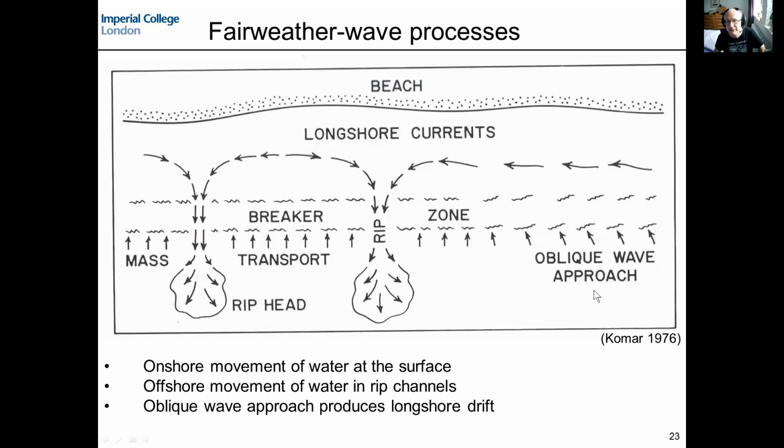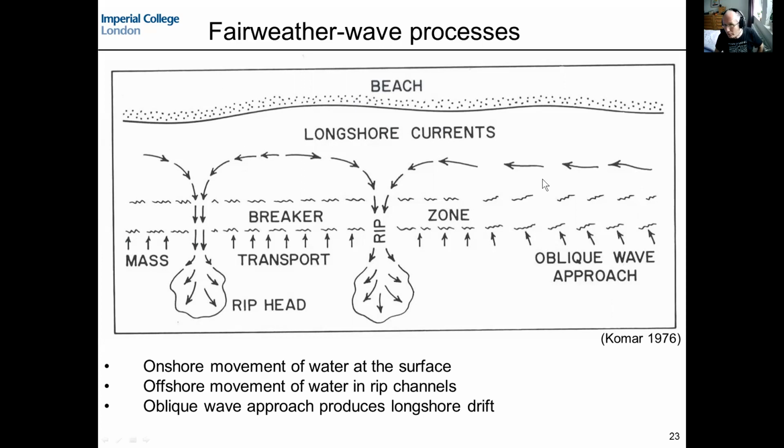If the waves approach at an angle, what's labeled here as an oblique wave approach on the right-hand side of the diagram, the waves are approaching the shoreline at an angle, well, that sets up a current which flows parallel to the shoreline. And that current is continuous. It can continue for a long distance along the shoreline.